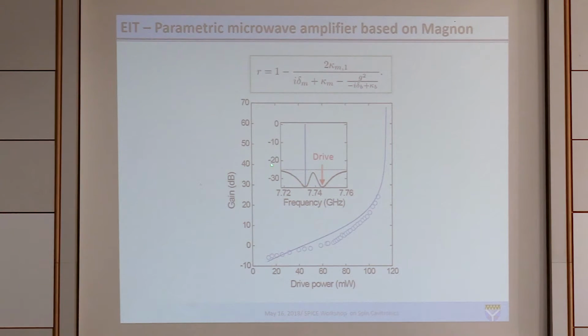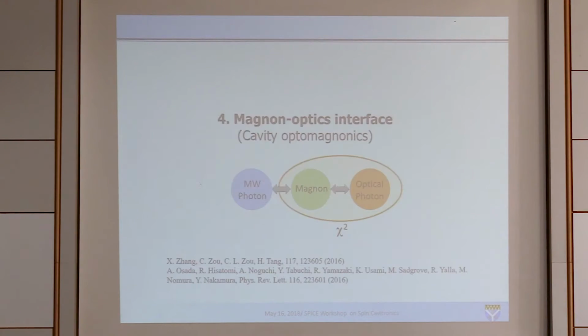So you not only have a transmission better than your input mode, you actually have a signal 25 dB higher than your input mode. All the energy comes from the parametric down conversion from this mode to the photon mode and the Magnon, this lower level Magnon mode. So it's an amplifier, a very good amplifier.